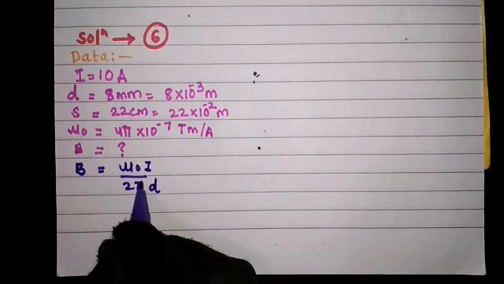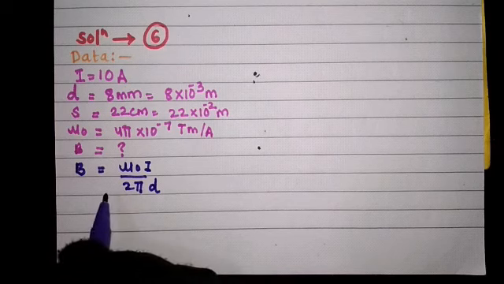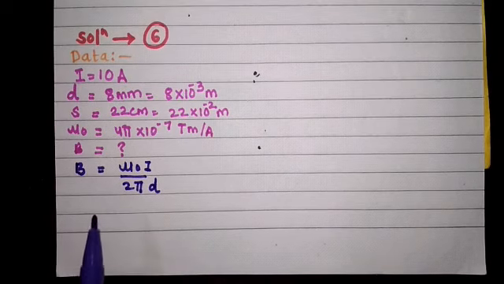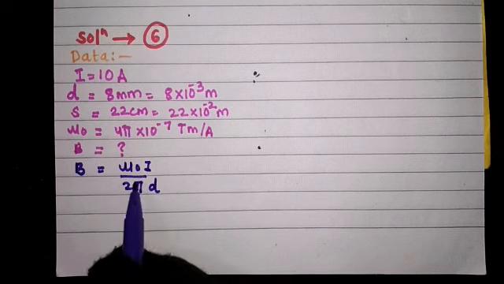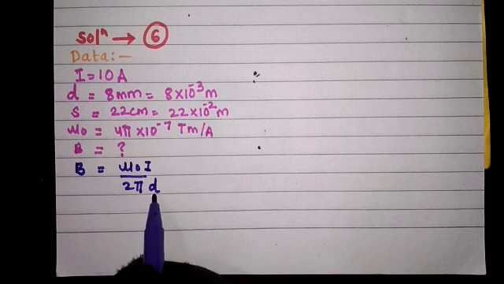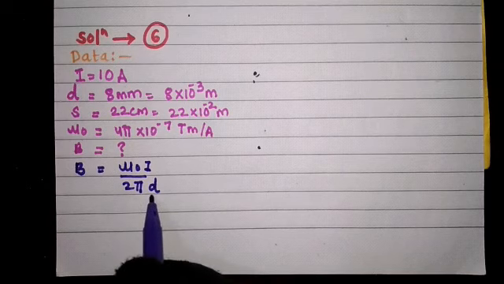Have you ever used this formula or something similar? Yes, the magnetic field in a long straight wire was mu naught I upon 2 pi r. Similarly, with two long straight wires, in place of the radius we have the distance of separation, small d.